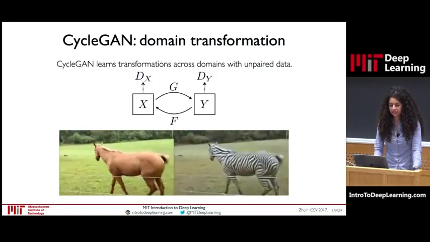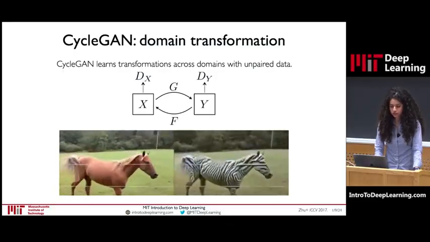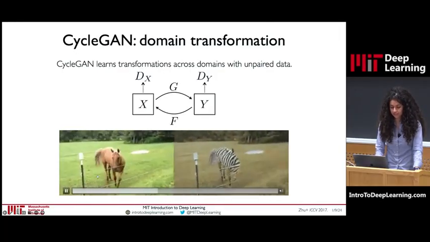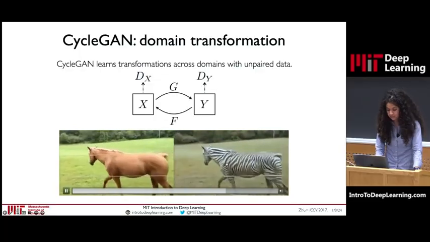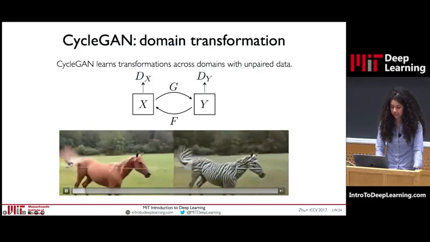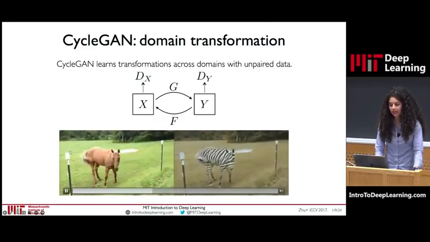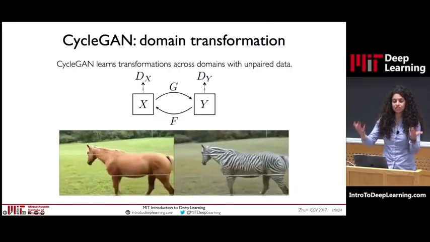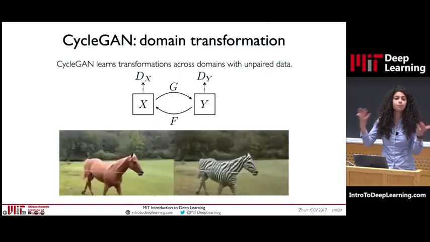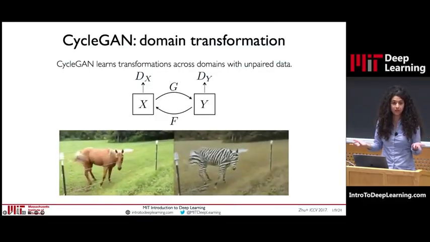So notice here, right, in this example, there's not only the transformation of the skin of the horse to stripes, but also the grass is looking different. It's less green. And so it's the entire transformation of the image distribution itself, right?